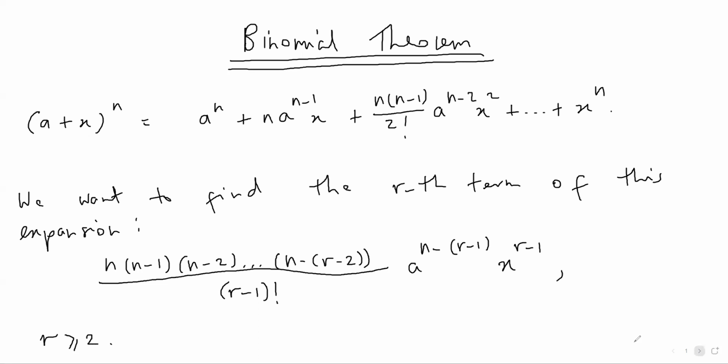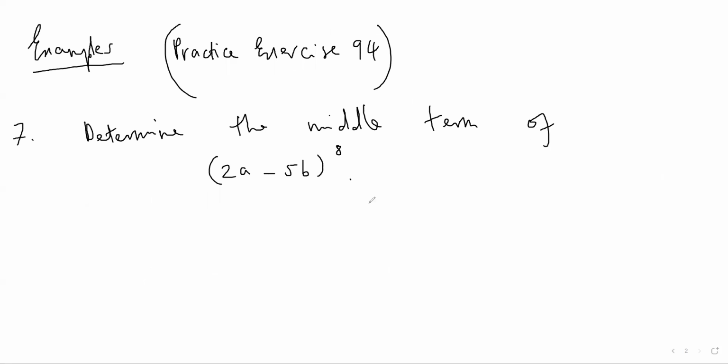So in this case, they say find the middle term of this. We've got 2a minus 5b to the power 8. So our n is 8 here, meaning that the expansion of this binomial will have 8 plus 1 terms, which is 9 terms. Now, which term will be the middle term out of 9 terms?